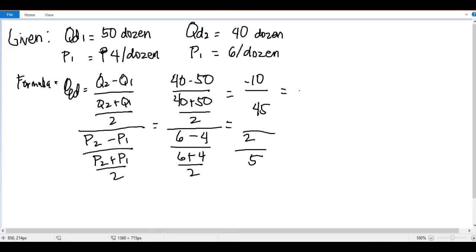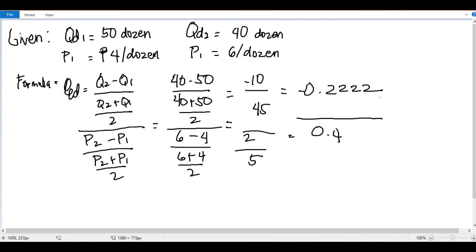Then here you have negative 10 divided by 45 is negative 0.22222. Then this one is 2 divided by 5 is 0.4. Then we divide this.